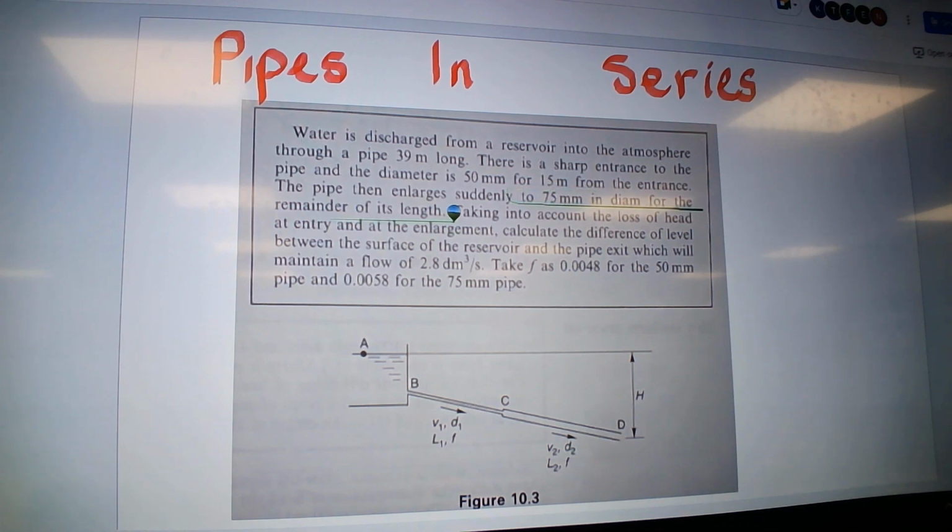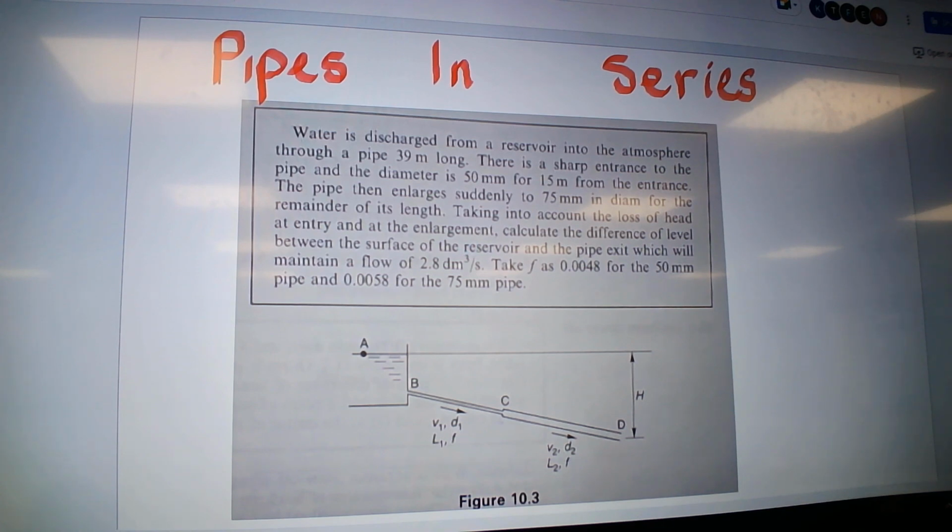Taking into account the loss of head at the entry and at the enlargement, find the difference of level between the surface of the reservoir and the pipe exit, which will maintain a flow of 2.8 decimeter cubed per second.